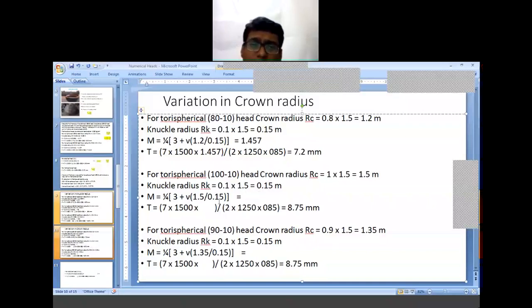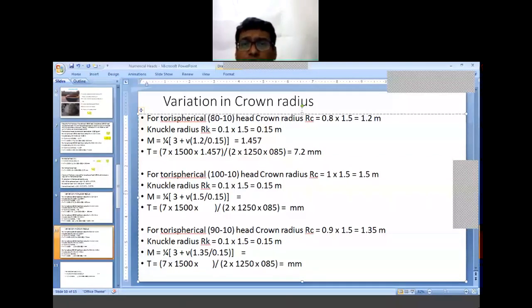And similarly, by substituting these values here and here, you can calculate the value of thickness, and we can study the effect of variation of the crown radius in the torus spherical head.